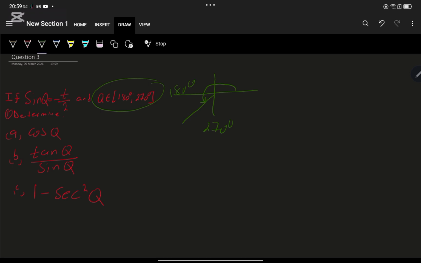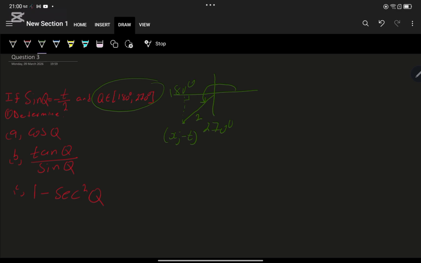Now, we are also told that sine of angle q is equals to -t/2. So as we complete our right angle triangle, the coordinate of this point there is x and -t. We don't know the value of x, but we know the value of r is 2.